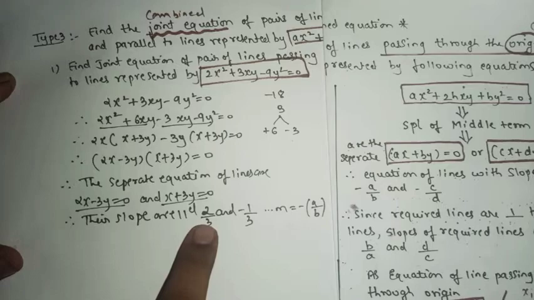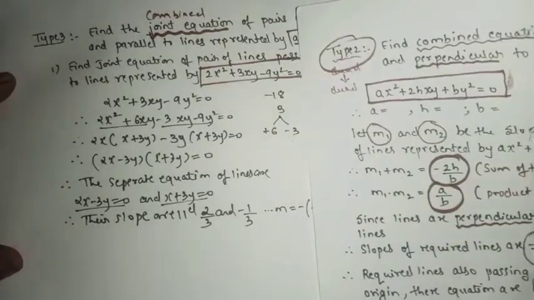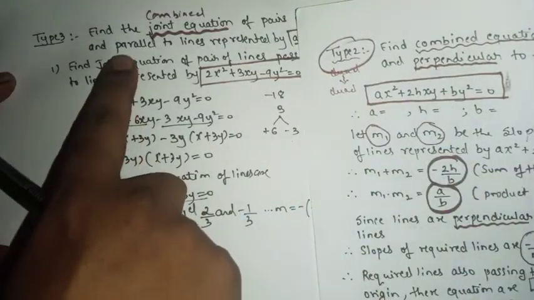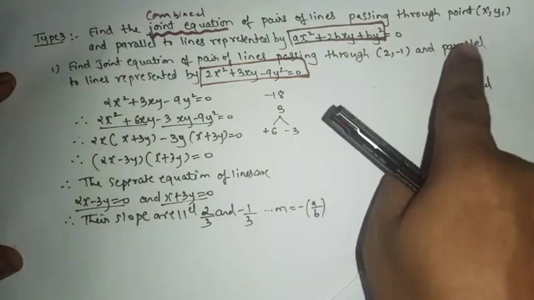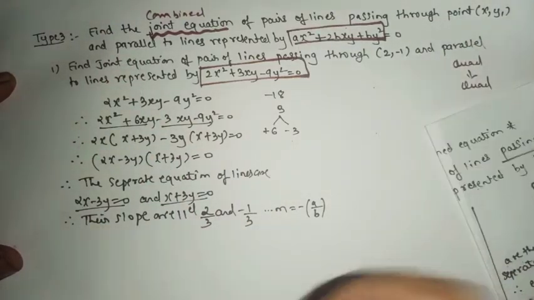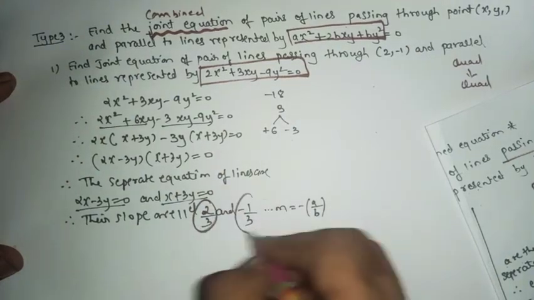When we have to do this? When the word comes perpendicular. So now here it is what? Parallel. Parallel. Can you see? So here the slope remains same.